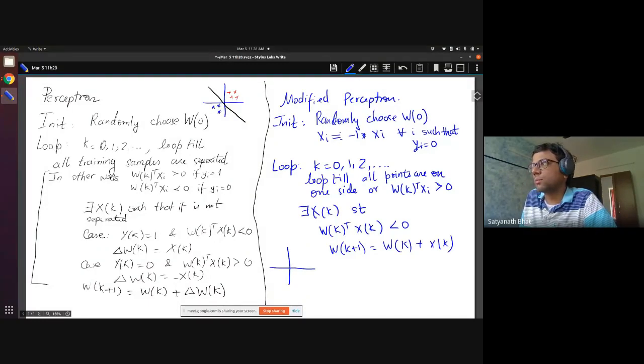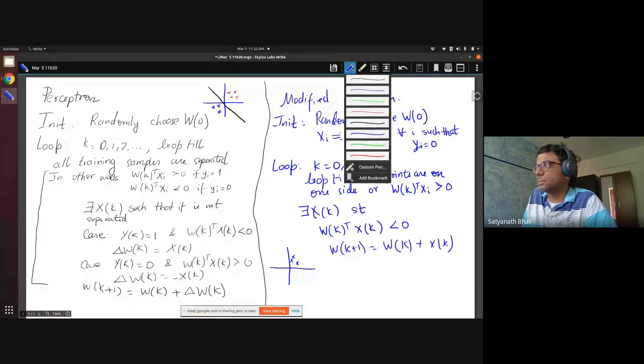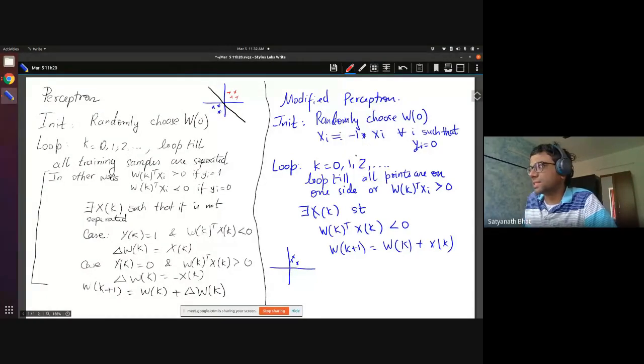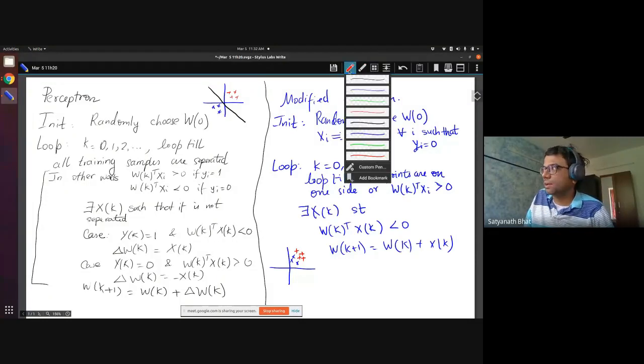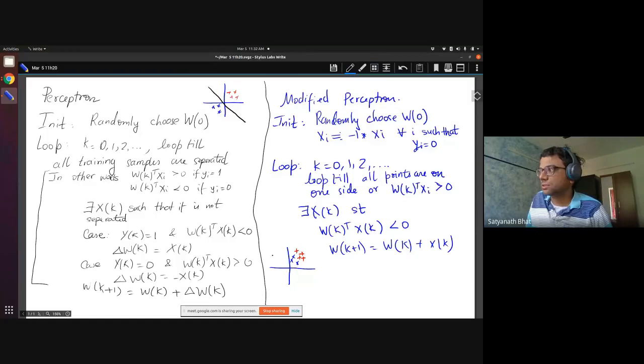From the third quadrant, both signs are negative, right? X1 as well as X2 is negative. Both of them will become positive. As a result, they will appear here alongside the positive samples, which are y equal to 1. Sometimes I call them positive samples, but they are just the samples with y equal to 1. Sometimes y equal to 0 is written as negative samples, which you label as -1. So this is the difference between the two algorithms.